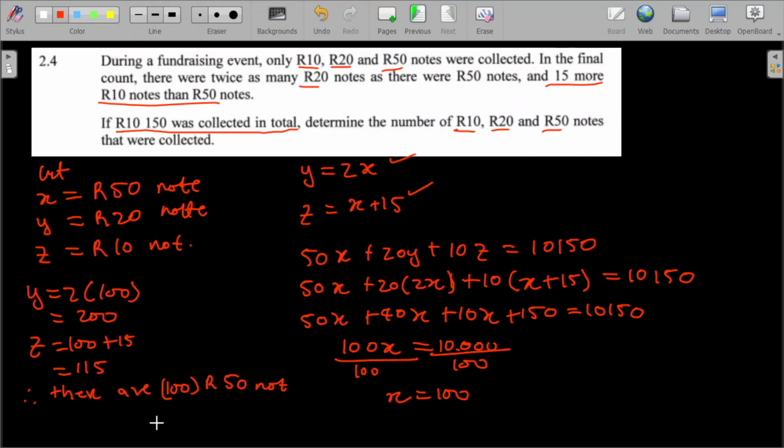Based on this, I can also say there were 200 of the 20 Rand notes, and also there were 115 10 Rand notes that they had in order to fundraise for this event.